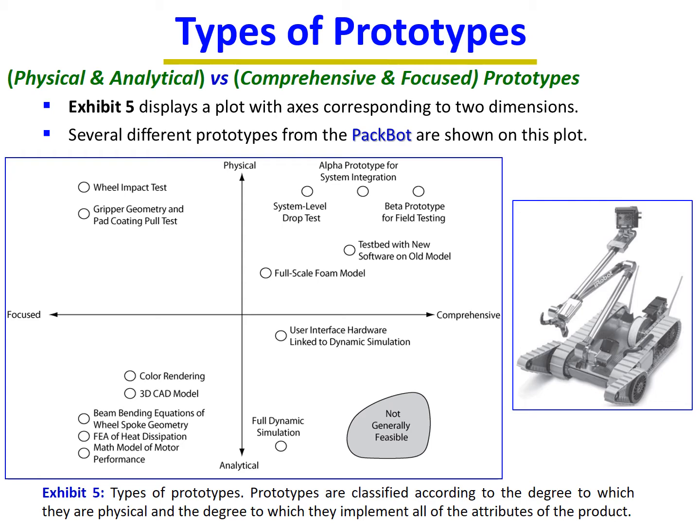Some very simple, some more complex, some only on the simulation and mathematics, some in the physical form, some using very simple mold materials like foam and polymers and so on, some using higher level materials, some using the real material of everything, right? So you can do different levels of prototyping as you go with the different stages of product development.